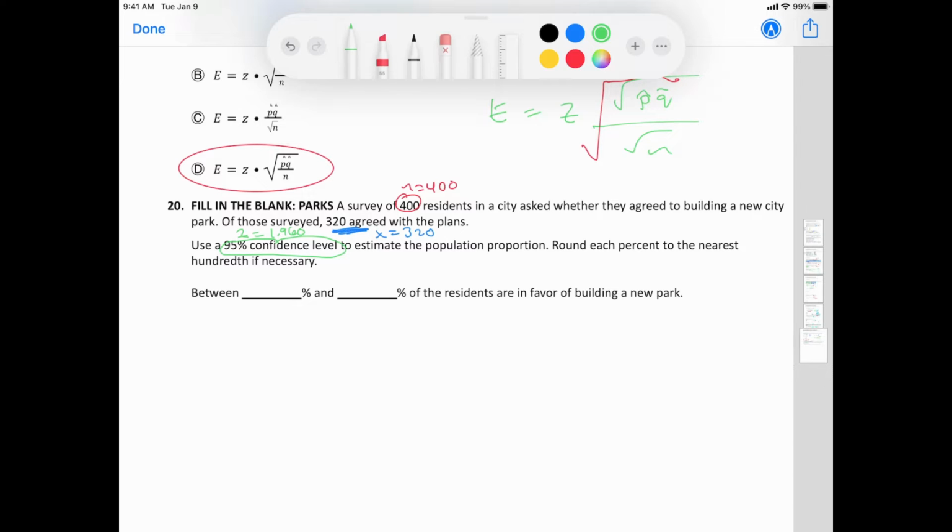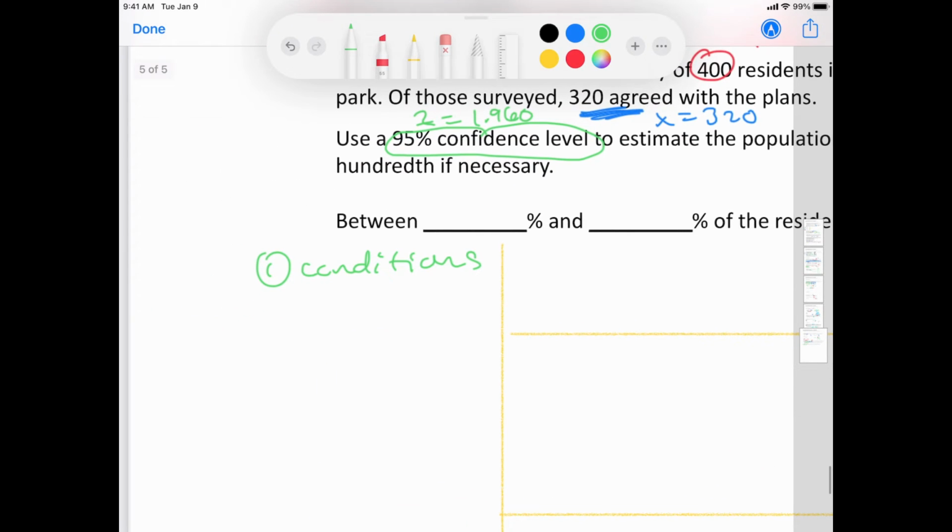There's a couple things we have to do here. The first thing I need to do is figure out my conditions. What are our conditions? We need to know that it is large enough.